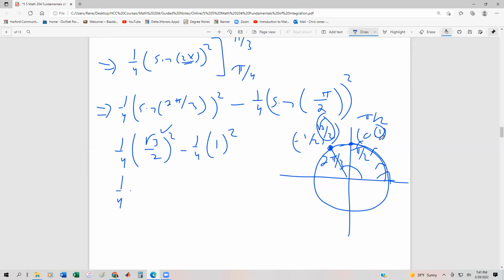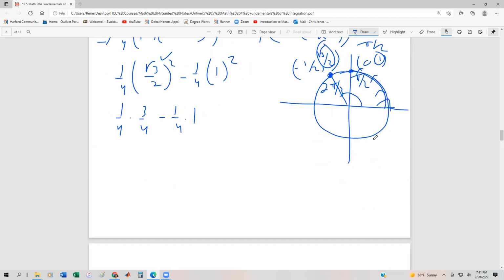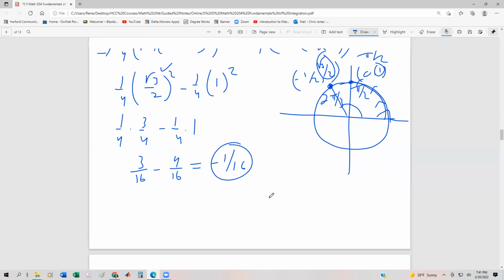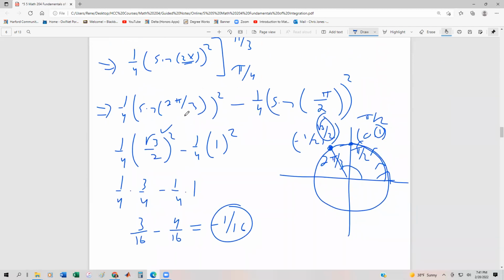So we get 1/4 times 3/4 minus 1/4 times 1, or 3/16 minus 4/16 if we were to go through and get a common denominator. And at this point, that just becomes negative 1/16. So this one's not too bad.